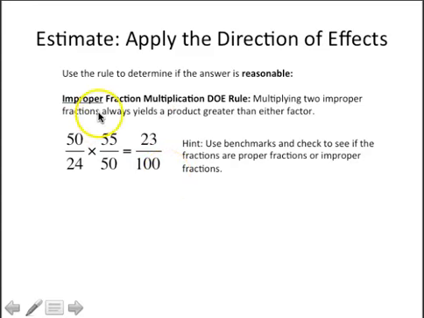So 2 times 1 equals 1/4. Does this make sense? No. And if we think about the rule, when we've got improper fractions, fractions greater than 1, our product should be larger than either factor. Our product here is actually smaller than either factor. So this is not a reasonable answer.